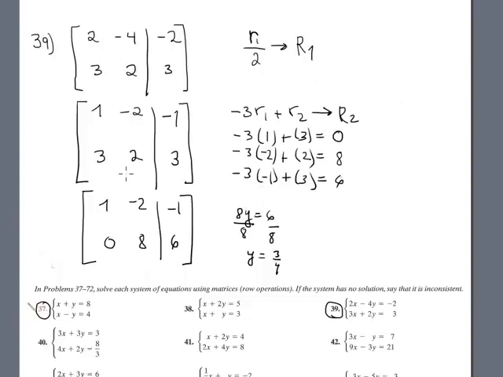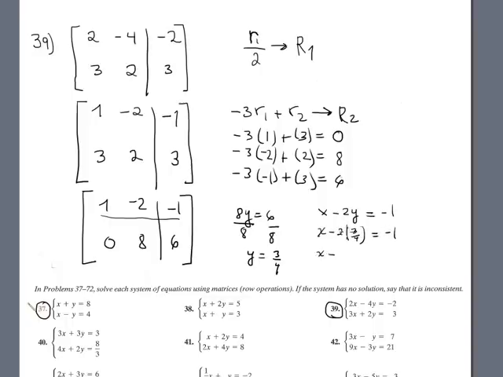Now, using for example this first equation, it is x minus 2y equals -1. The substitution is x minus 2 times 3/4 equals -1.